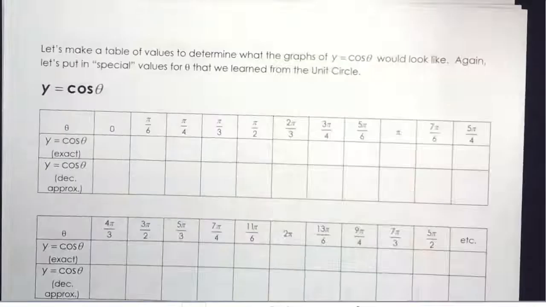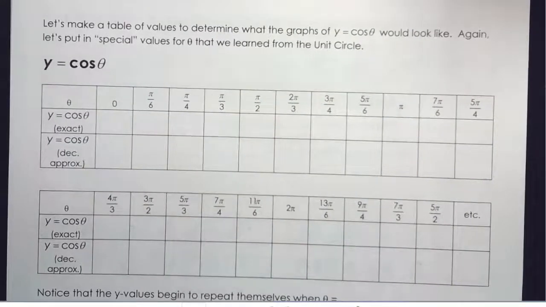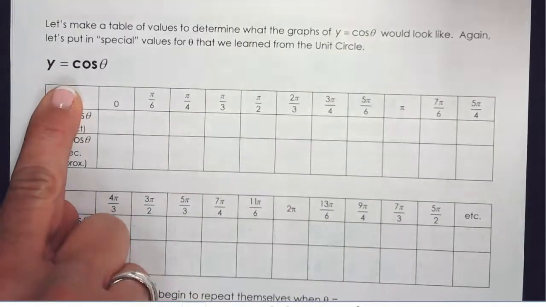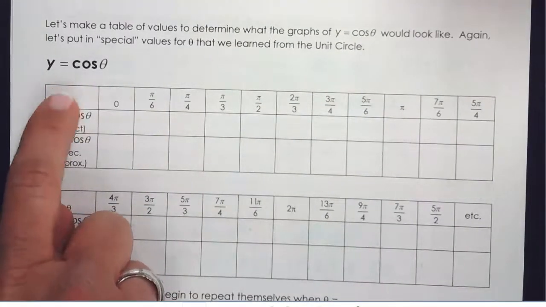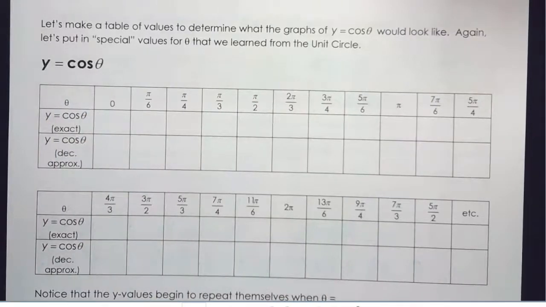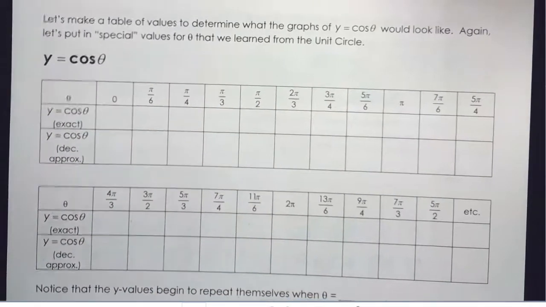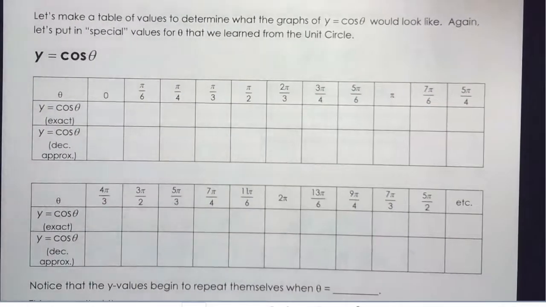What I'd like us to do now is I'd like you guys to do the same thing for y equals cosine theta. Now, when you think about cosine on the unit circle, is cosine x or y? X. So now I'd like you to think about the x values as you go around the unit circle, okay? So I'll give you guys a couple minutes to fill that in.